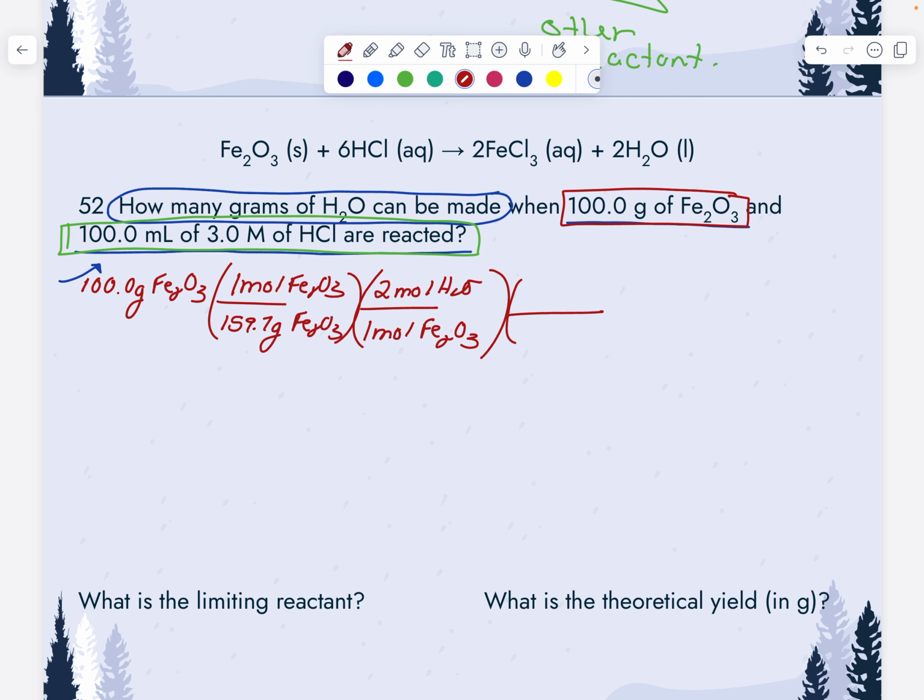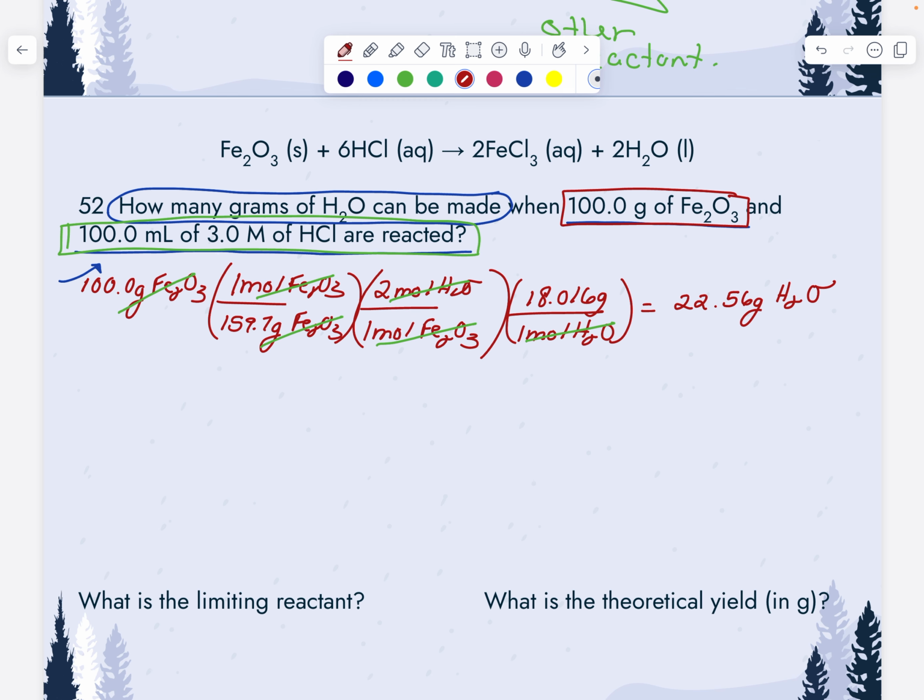And the question is just asking about the mass of water, so the molar mass of water, I know, is 18.016 grams. I haven't been talking about this, but our units are always diagonal down matching so that they cancel. My final answer here is going to be 22.56 grams of water.